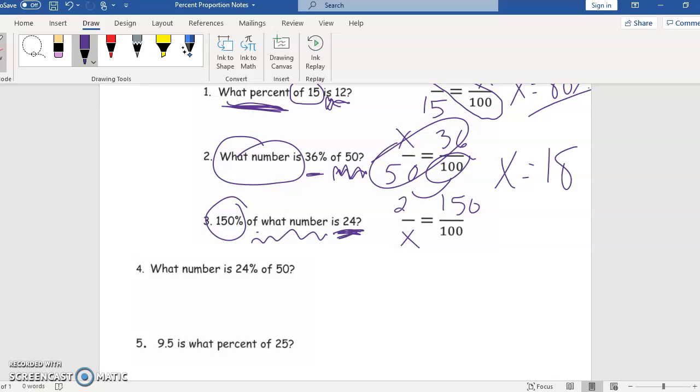So 24 is my part. So we're going to multiply 24 times 100, and I get 2,400, and then I'm going to divide it by 150, and so X is equal to 16. Maybe you did extra credit on an assignment, so you got more than what it's worth.